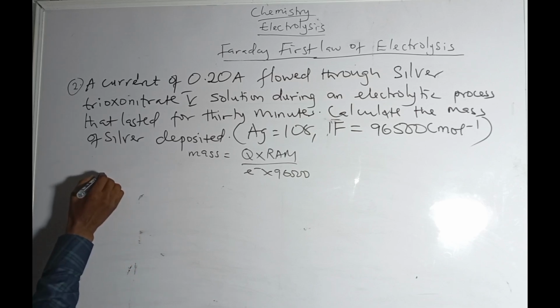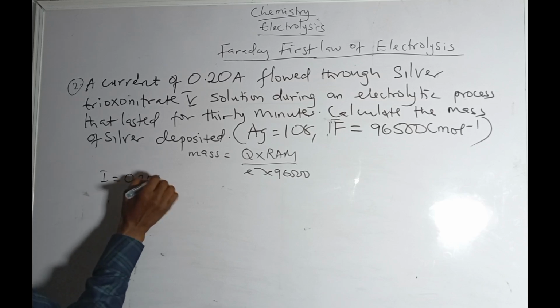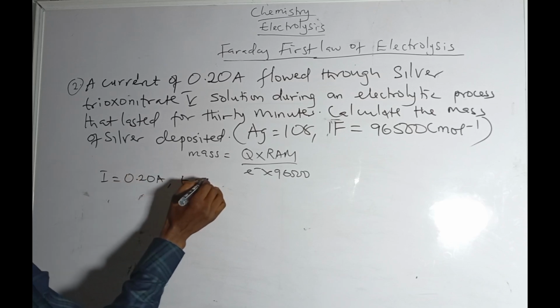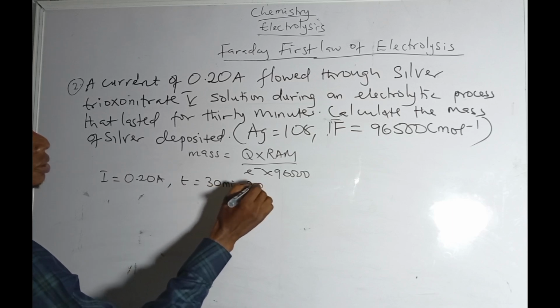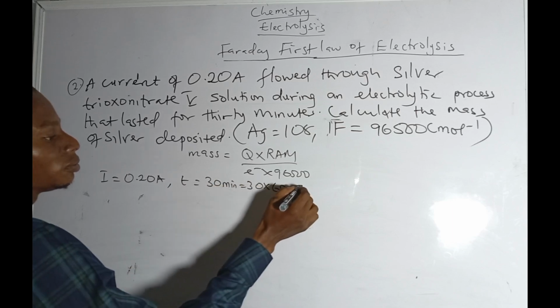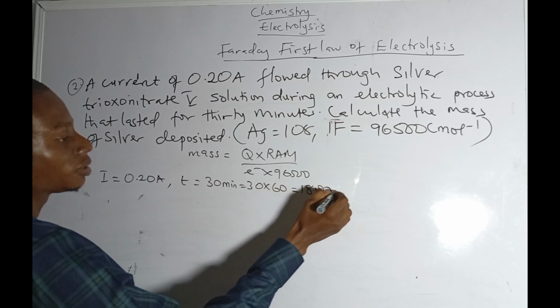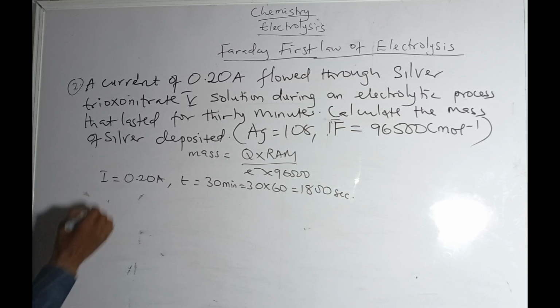So what is I? 0.20 ampere, times 30 minutes, which is 30 times 60. So that is 1,800 seconds. Let's substitute.